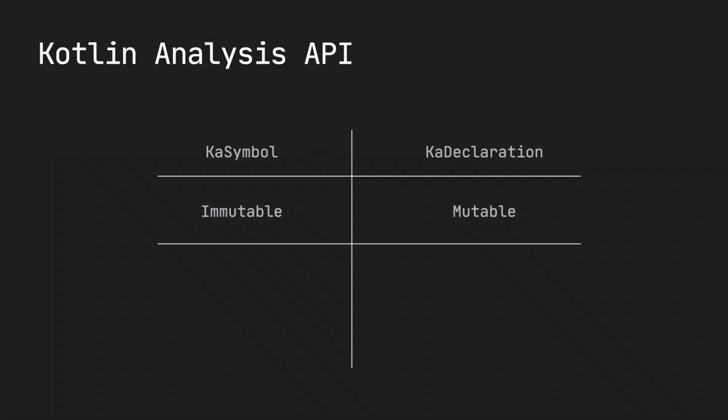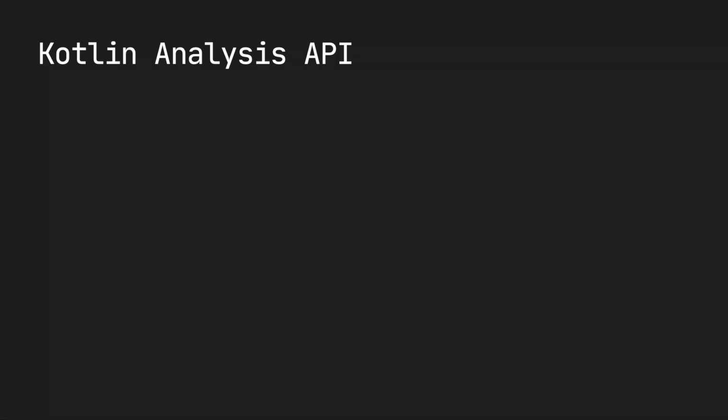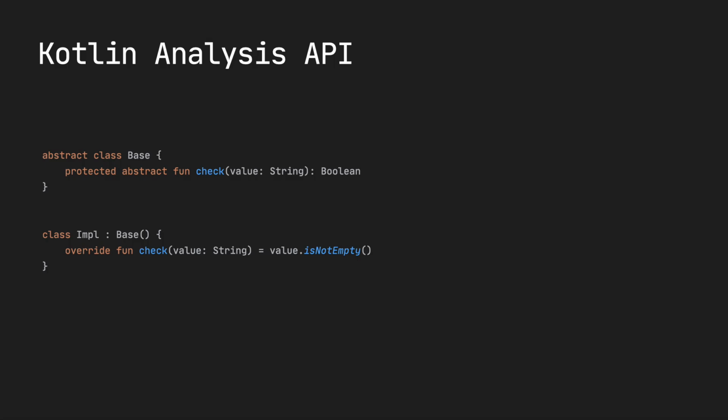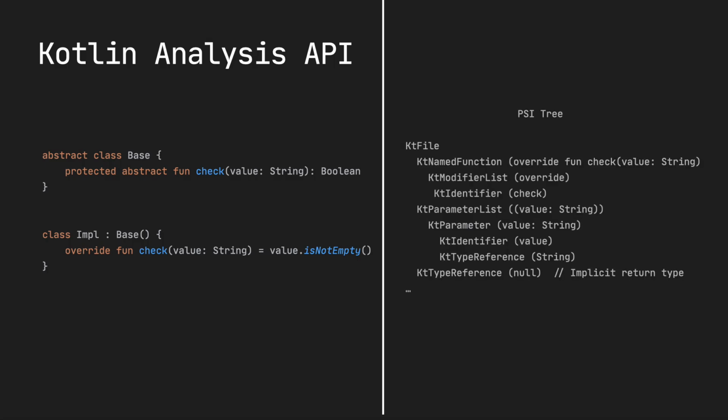The next difference between the symbol and the declaration is the source. The declaration represents the source structure. It represents what the source looks like in the PSI tree, whereas the KA symbol gives me semantic information. When you look at this code and the PSI tree right here, each of the elements represents an element in my source.